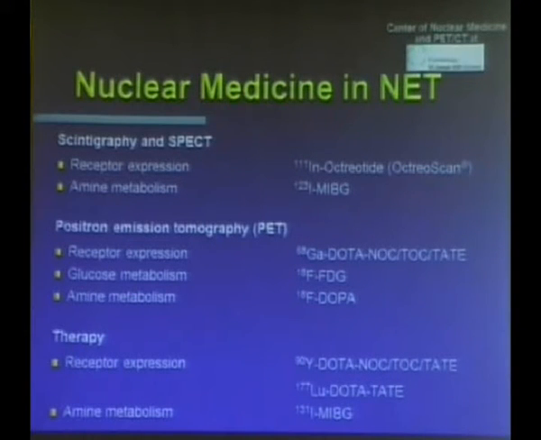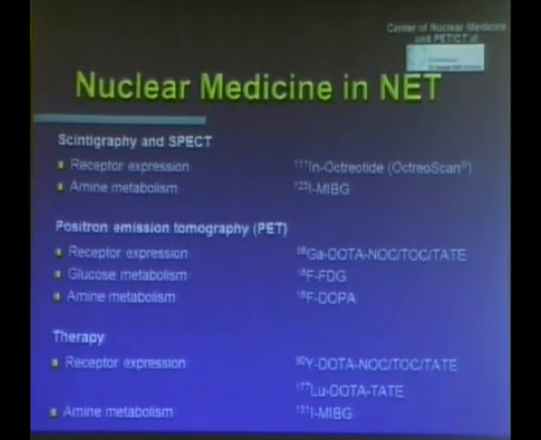Now we have to understand what we can image and how it works. If you are using the normal scintigraphic systems, gamma camera systems and SPECT-CTs, we have two common tracers. One detects the somatostatin receptor expression, meaning octreotide.